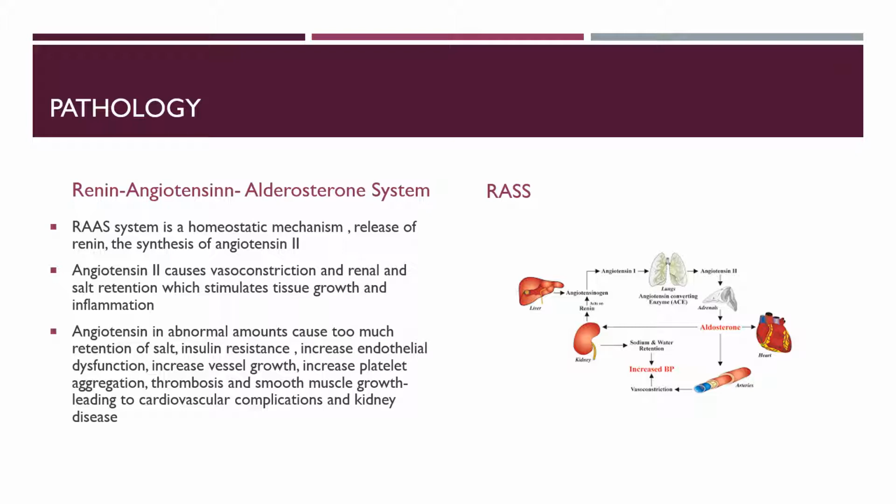Unfortunately, angiotensin in abnormal amounts causes too much retention of sodium, insulin resistance, increased endothelial dysfunction, increased vessel growth, increased platelet aggregation, thrombosis, and smooth muscle growth, leading to cardiovascular complications and kidney disease.